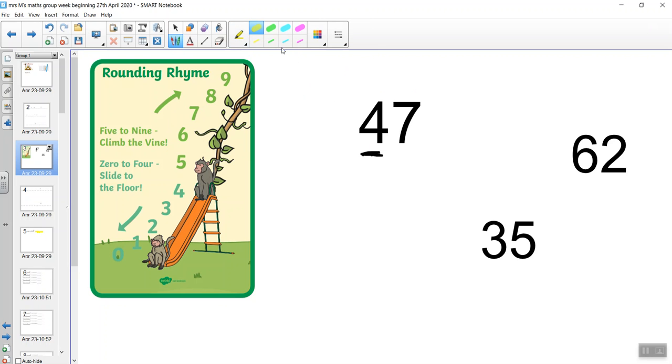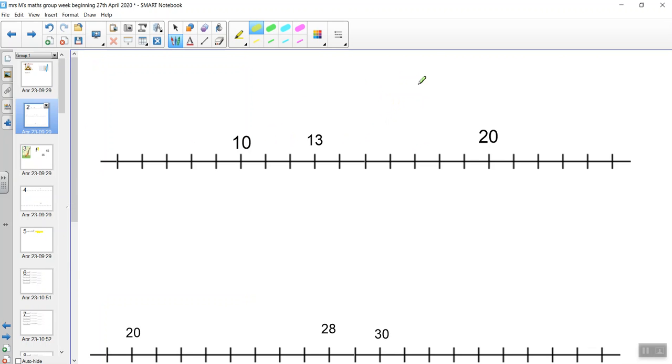But this digit here, the 7, is going to help me to decide whether I round it up to 50 or whether I round it down to 40. So whether I round it up to the next 10 or back to the previous 10.